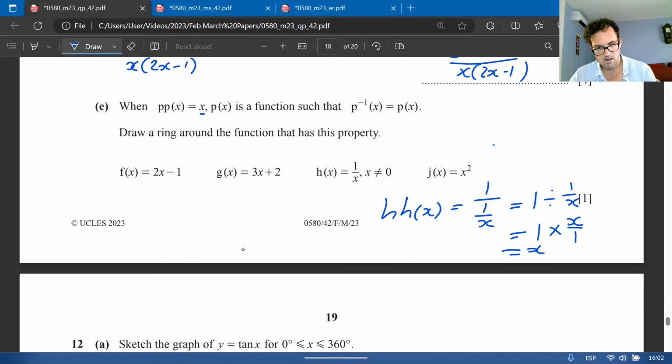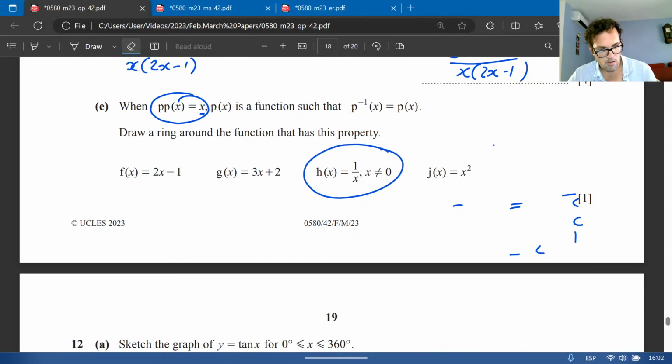Beautiful, you see? That gives us x. h(x) gives us x. So for this first part here, the answer must be this answer. Okay, but then they go and continue more stuff.